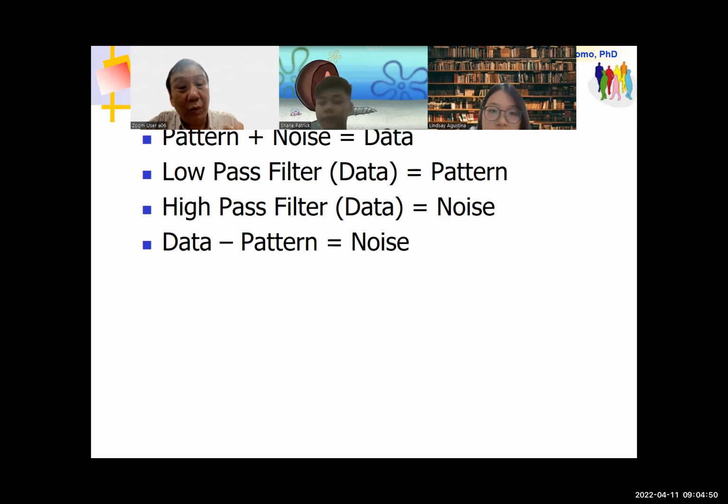If you do a high pass filter of the data, you will get the noise. So basically, to filter is to separate the pattern from the noise in the data. In that case, your data minus the pattern, you will get back the noise.